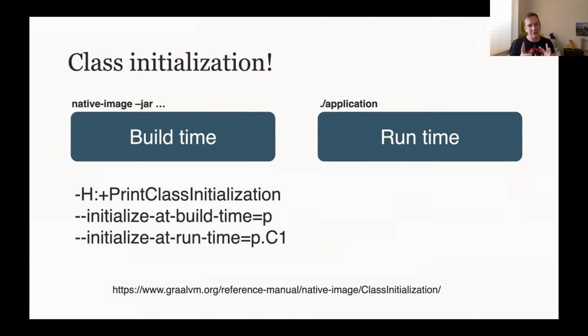This is an advanced feature because at build time, you cannot run all code. For example, if your code creates running threads or opens file sockets, then those cannot be reasonably transferred from build time to runtime. So the build will fail and yell at you that certain things are not supported. You need to understand that's because the class was initialized at build time, and you shouldn't be doing that.